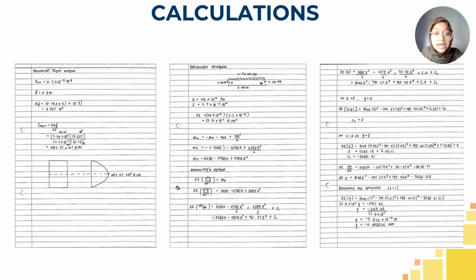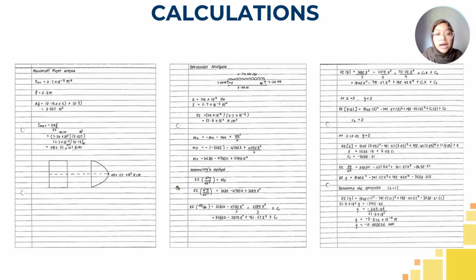Jadi seterusnya saya mencari nilai C1. Jadinya untuk EI dy per dx sama dengan 3680x tolakkan dengan 4750x kuasa 2 bahagikan dengan 2 saya tambahkan dengan 2285x kuasa 3 bahagikan dengan 3 tambah dengan C1.